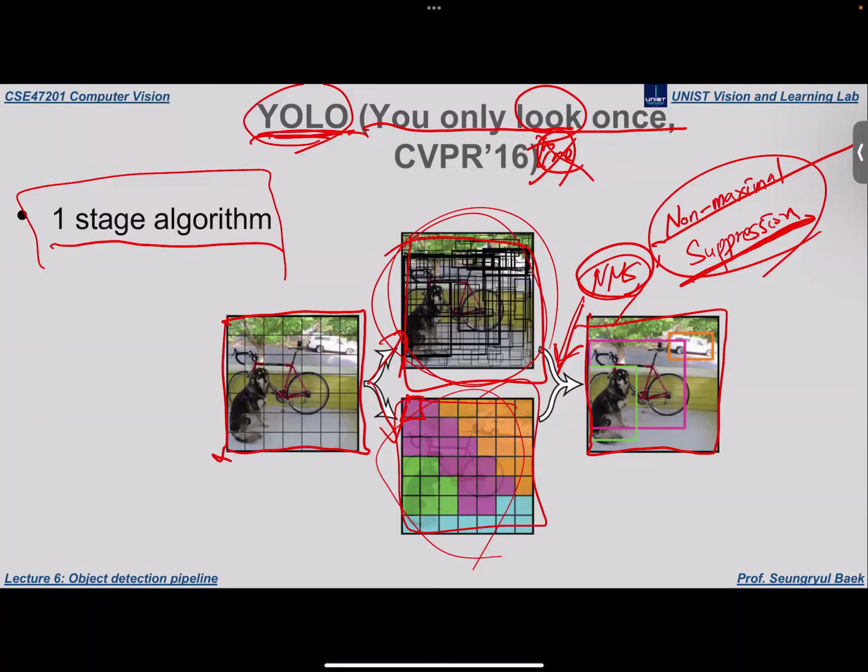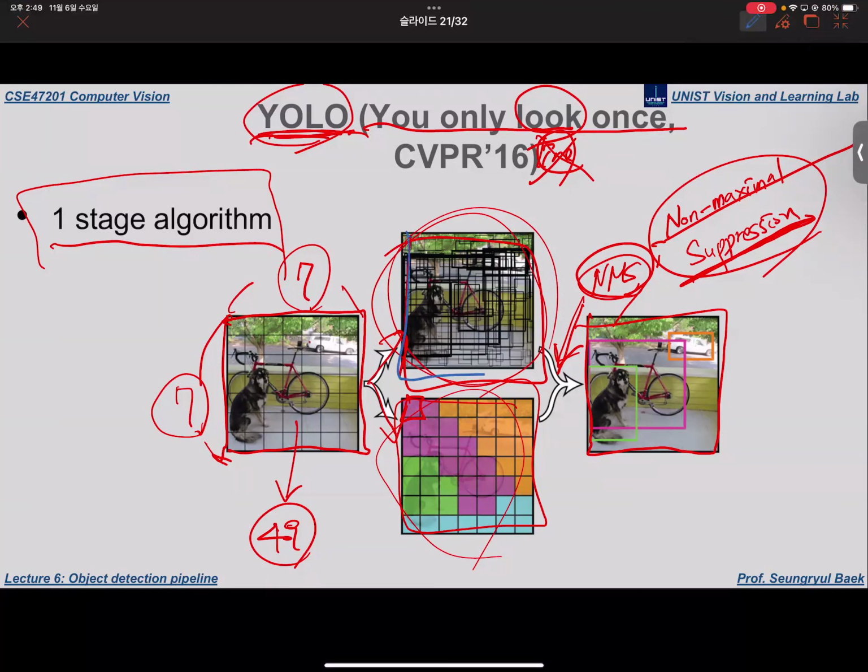From the image, they divide the width into 7 and the height into 7, so in total there are 49 grid cells. You can change this hyperparameter, but you have to train the algorithm again if you change the grid size.